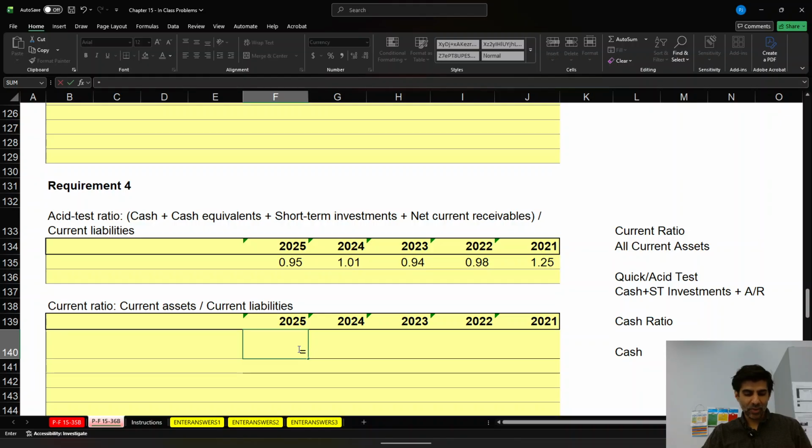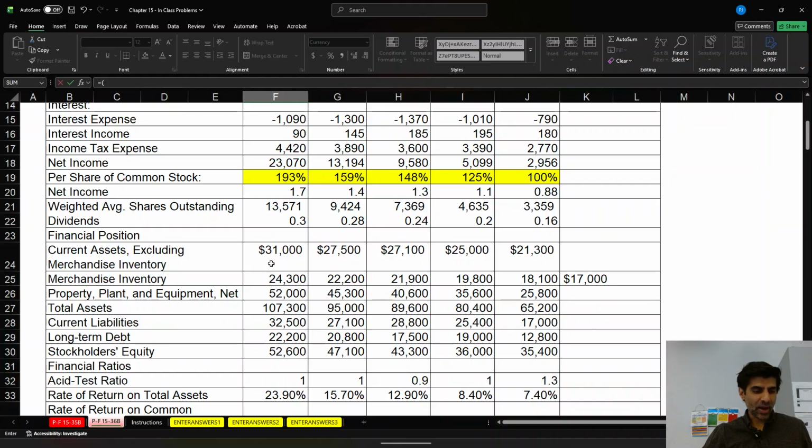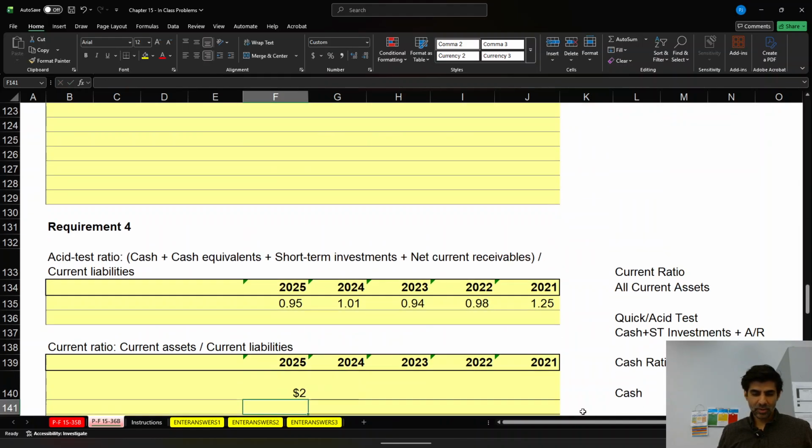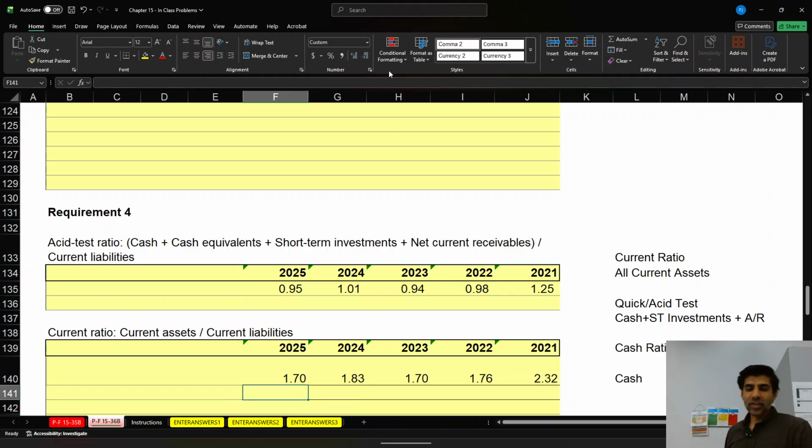The current ratio is all current assets. So now we do the same thing and we add in inventory, so we have this plus this divided by current liabilities. You can see it's always going to be higher.